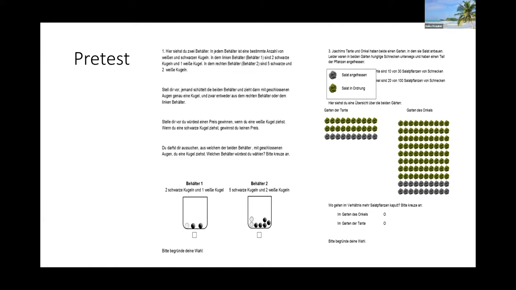That's the part you can see in the figure. The task was slightly altered and supplemented with further tasks.